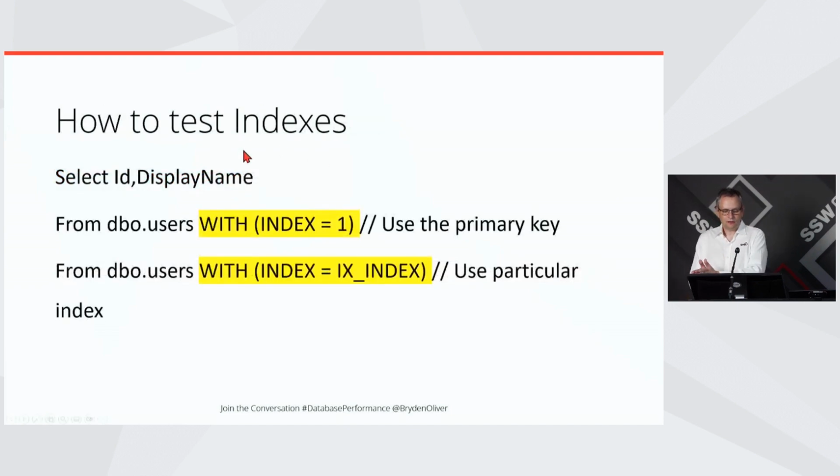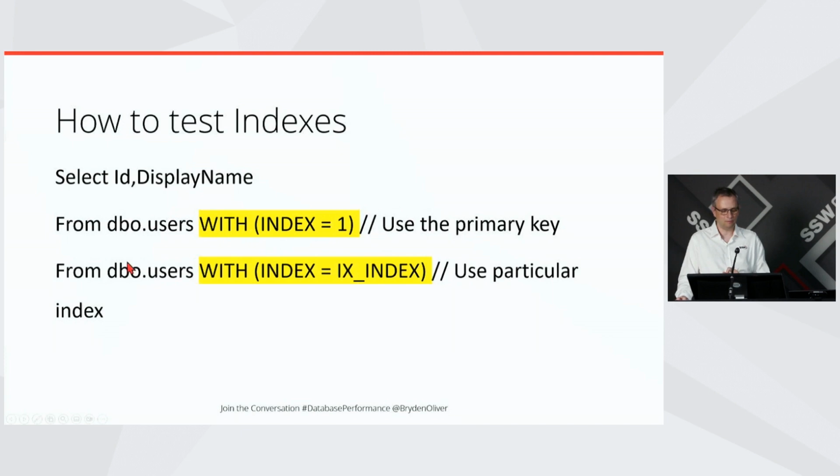And now we'll look at how we can test indexes. This highlighted piece here is with (index = 1). This is what's called a compiler hint. It says for this table, users, I want to use index 1. Index 1's the primary key on a table. So that means don't use any of the other indexes I've defined.